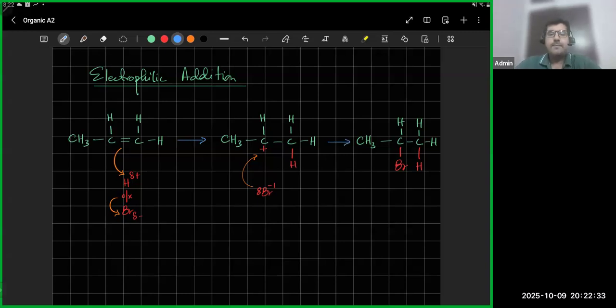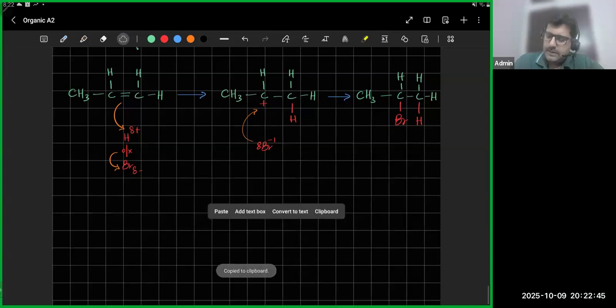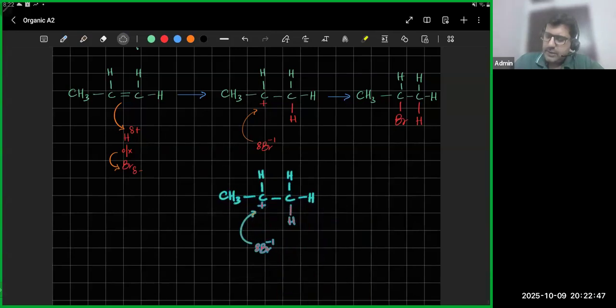Okay, so this is clear, and this middle one has two options. You could also have the other option as well, where the opposite might happen. The Br can come and join.